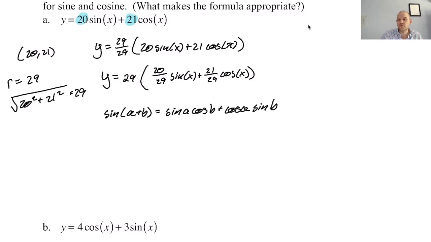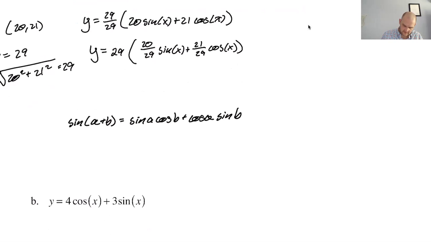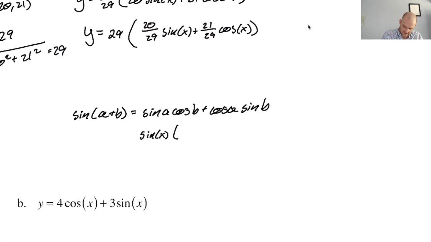So now what I'm going to do is rearrange what I have so that it fits that. I'm going to move this down a little bit to here. So I'm looking at sine x, because I like the variable to come first, and then 20 over 29 plus cosine x, and then 21 over 29. Okay, so what are we dealing with? We've got the cosine of b is 20 over 29, and the sine of b is 21 over 29.